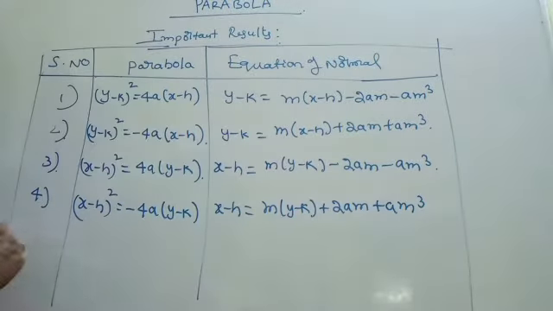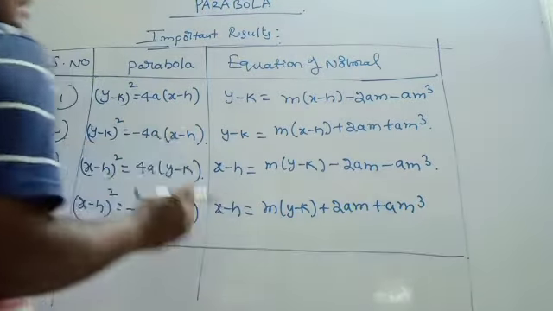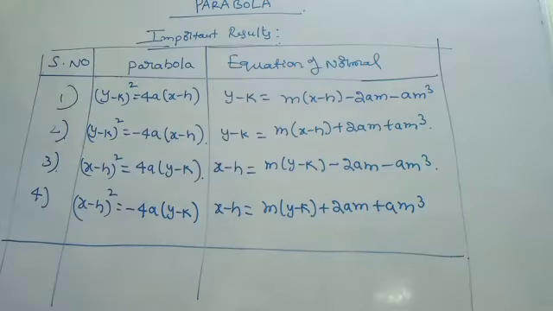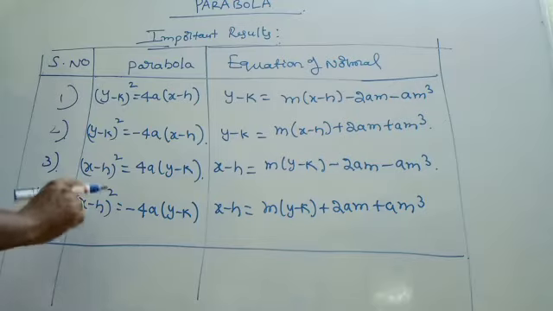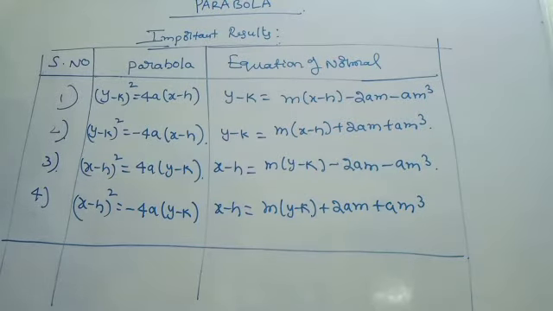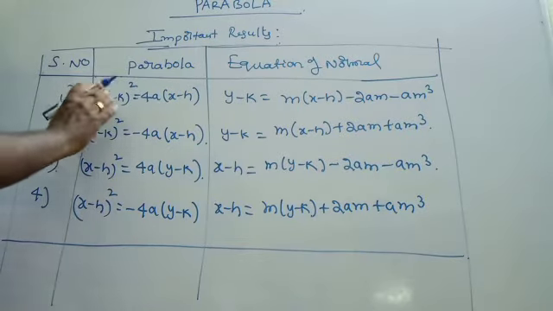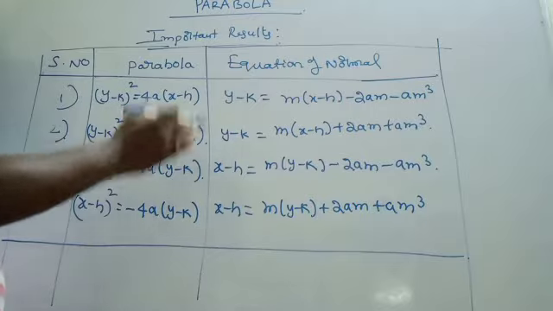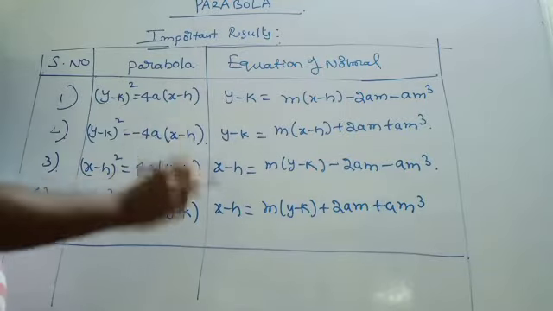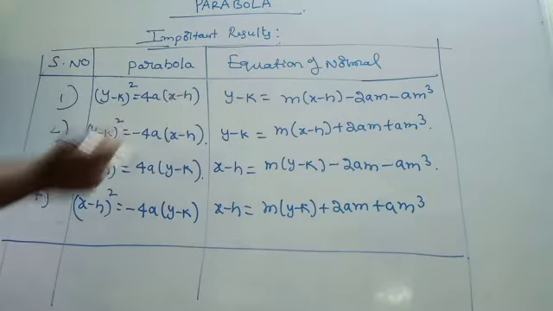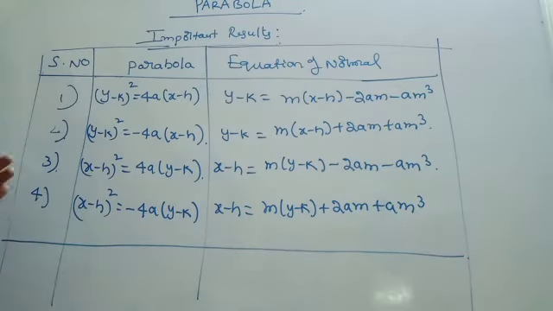This is the equation of the normal for the fourth type, the downward parabola, when the origin is shifted to the point (h, k). This table summarizes the four parabolas and their normals, which we already proved: in place of y we take y minus k, and in place of x we take x minus h.